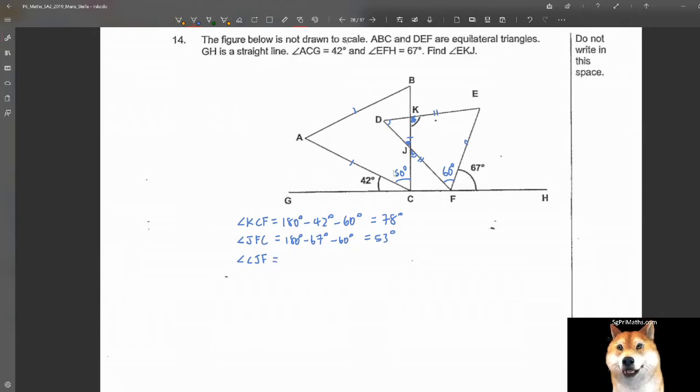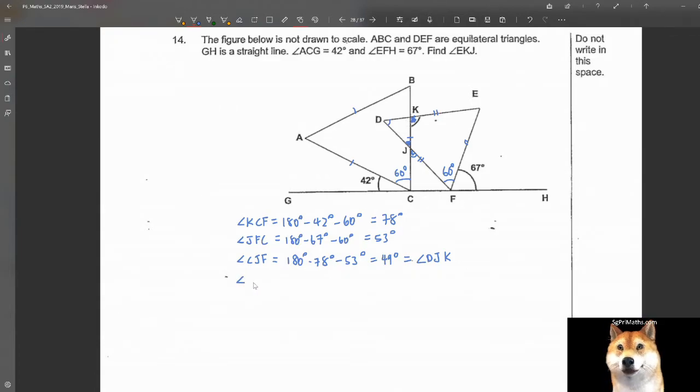Angles in a triangle, 180 degrees, minus 78 degrees, minus 53 degrees, you will get 49 degrees. And CJF equals angle DJK.